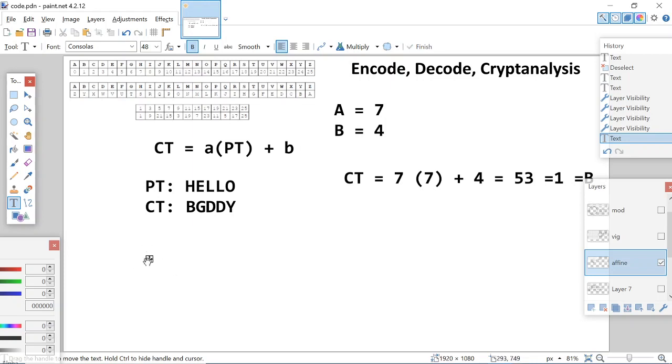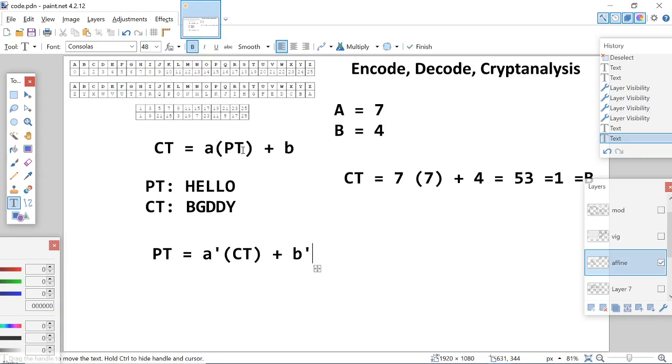Next one, decoding. With decoding, the formula I like to use is the plaintext is equal to, you can call it A prime. You don't have to call it A prime, but it's actually A inverse technically I think, but I don't want to type out the superscript right now. So A inverse times ciphertext plus B inverse.